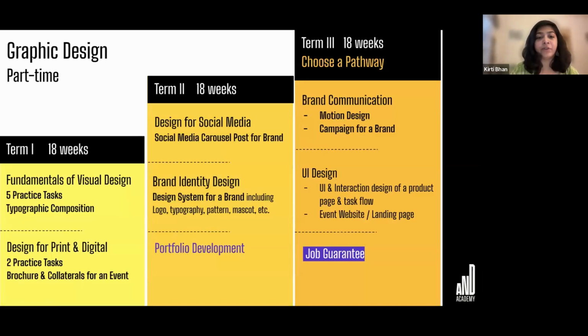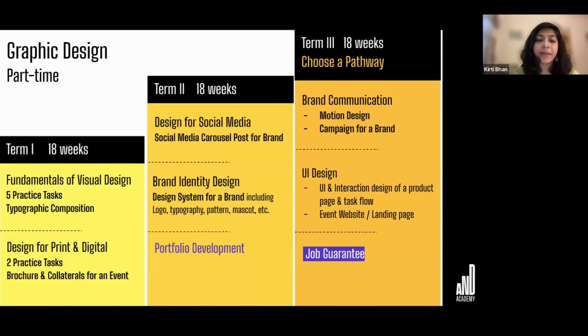Then moving to term 2, there are 2 modules again. One is design for social media. Second is brand identity design. Like I just mentioned branding as an opportunity, here we are going into a little detail on that. In the first module of term 2, we will be making a social media carousel post for brands.